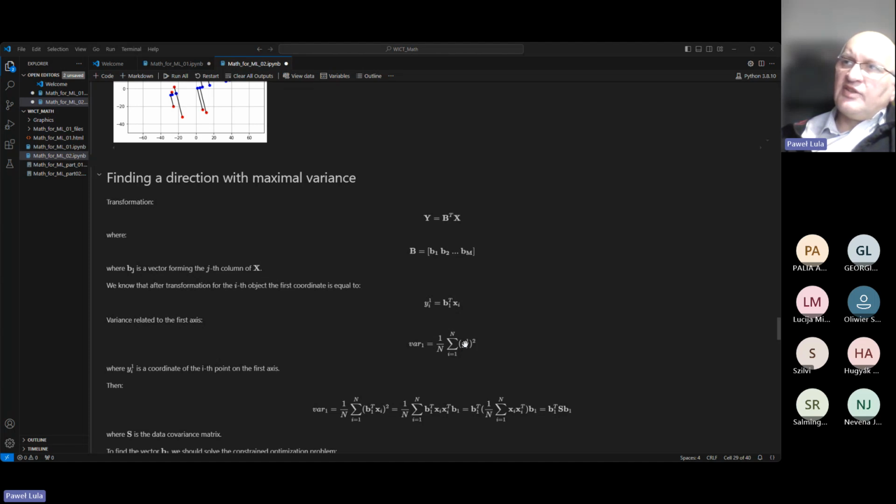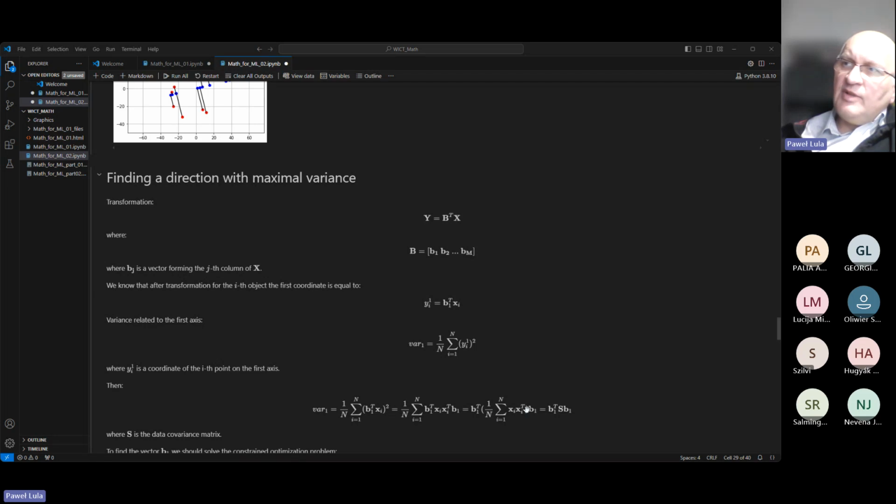We can replace this Y by this element, so we can get this notation. It is a squared value, so we can put it twice here. We can change the order of elements, and we can obtain this expression.